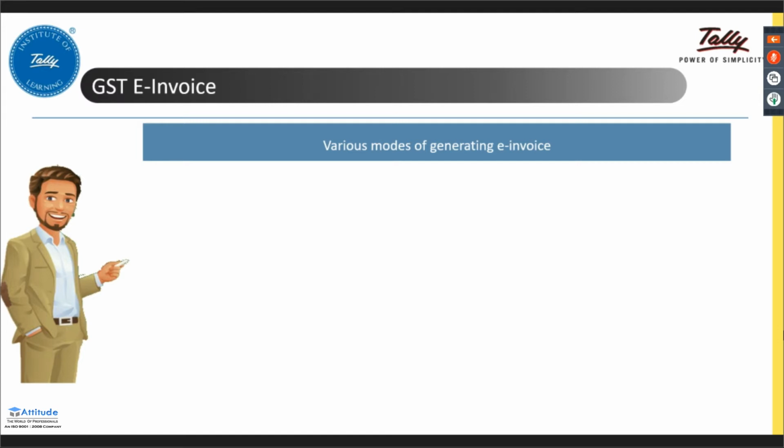Next are the various modes of generating an e-invoice. I'll discuss what this IRP portal is, which is nothing but the invoice registration portal, its importance, and how a business registers through IRP. But first I'm telling you the different modes through which we can generate the e-invoice.